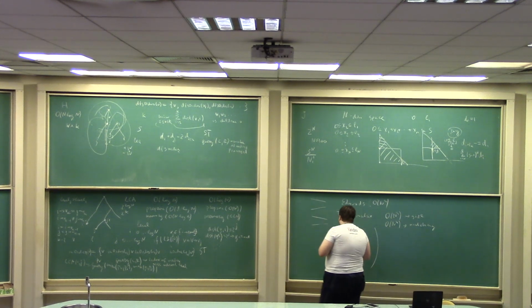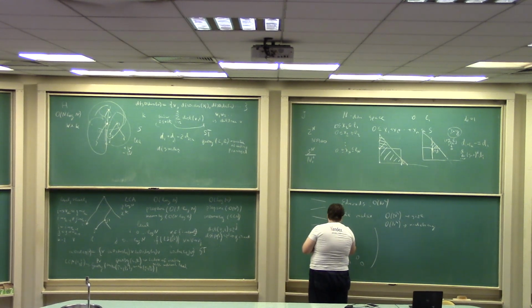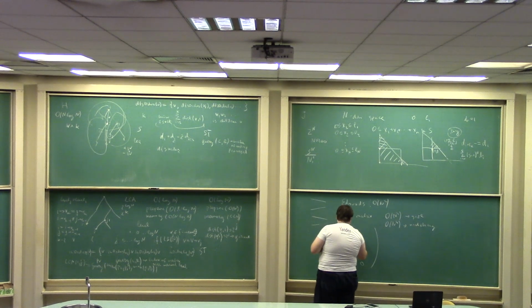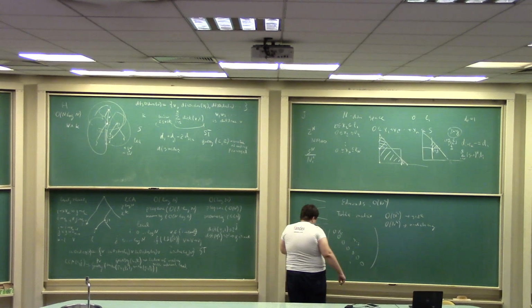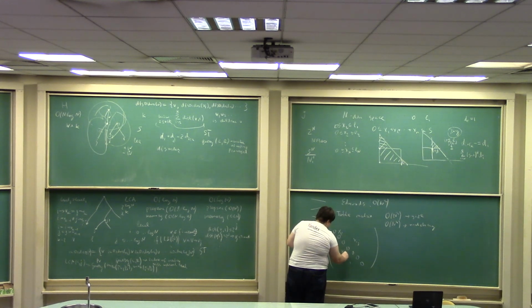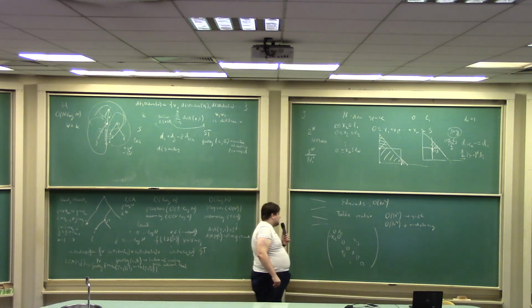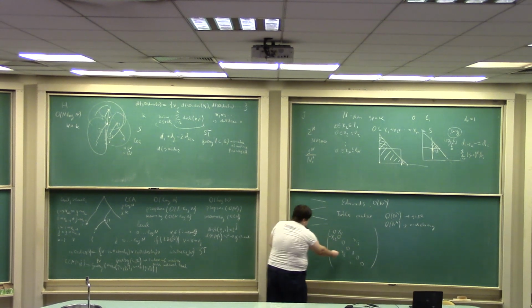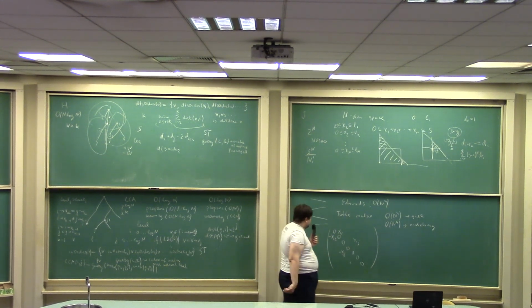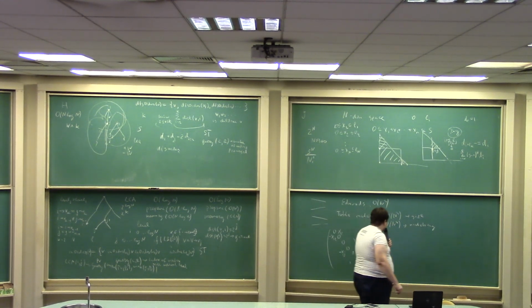And then it has some values in other places. This matrix is antisymmetric, so the values in here are always the negation of the corresponding values over the diagonal.